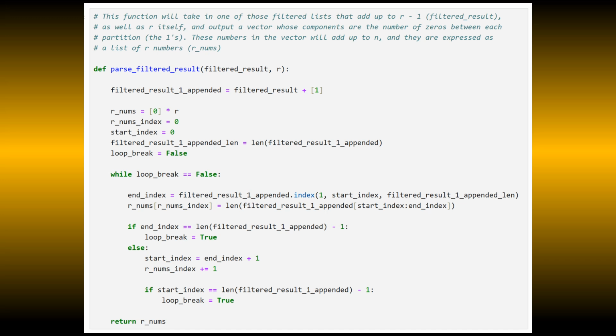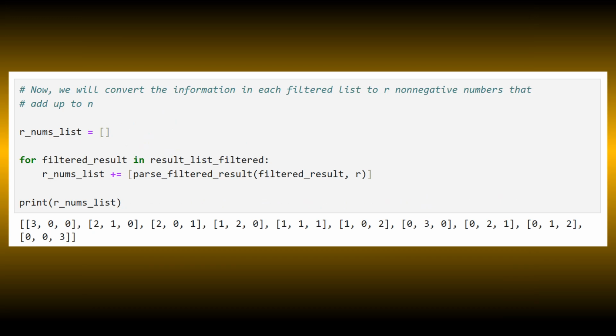It's going to take in one of these lists, and create a new list that is the number of zeros on each side of the dividers. So it's going to create a vector of all possible numbers that add up to n, or 3 in this case.